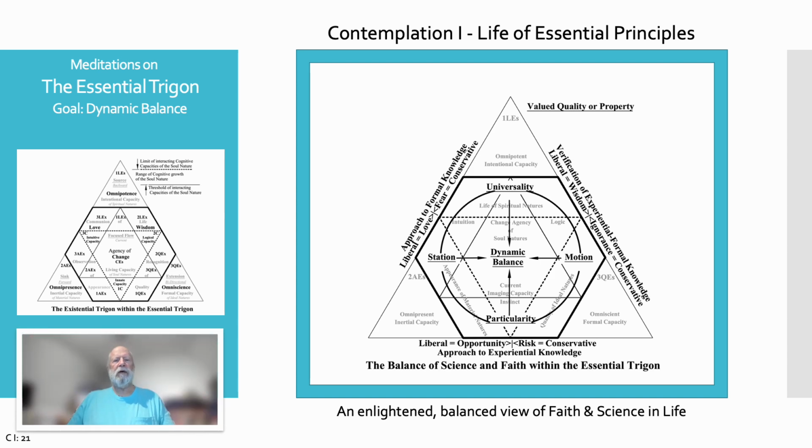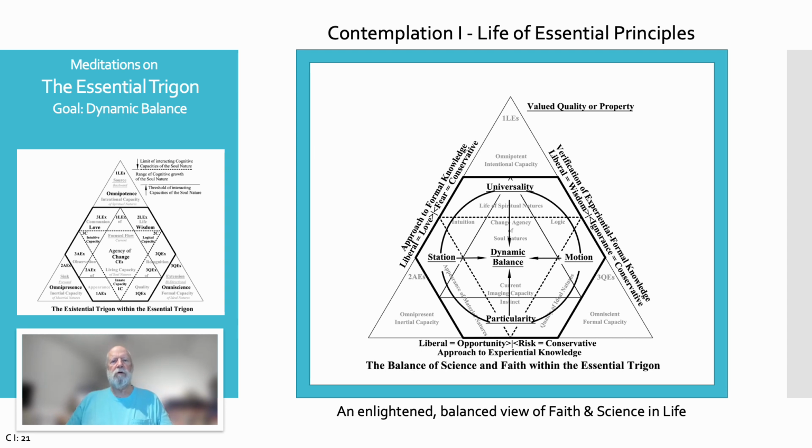The enlightened perspective is to maintain focus at the center of what is possible, in general terms here as dynamic balance, along the vertical range of applicable scope in space from universality to particularity, or global to local, and along the horizontal range as an applicable scope of frequency in that space and therefore of time, from invariant station to constant motion.